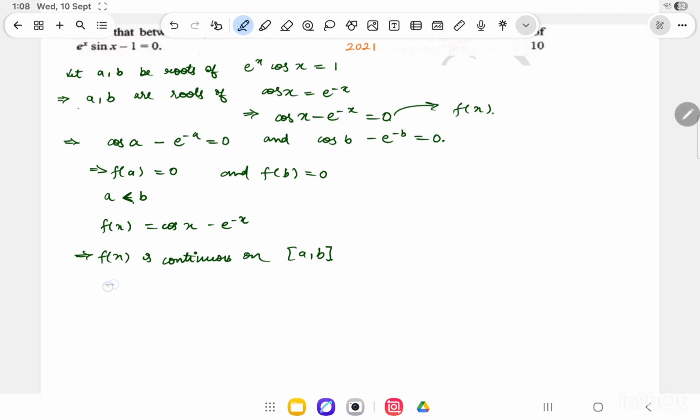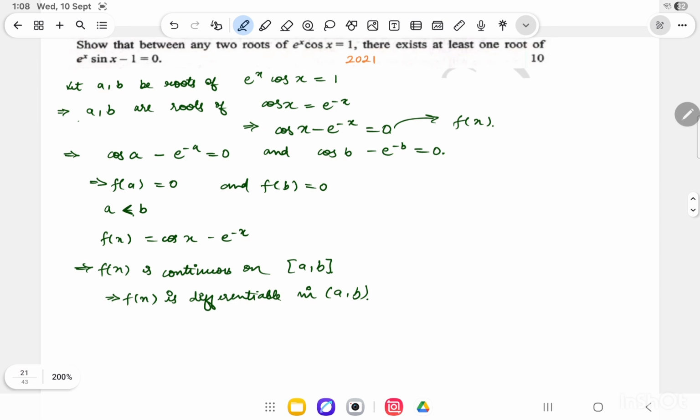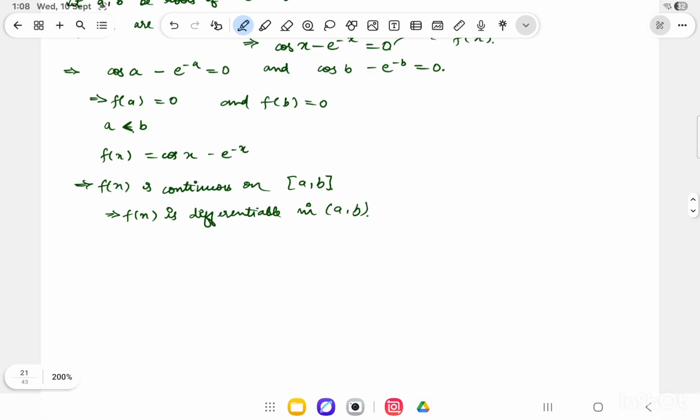Also you can observe that f(x) is differentiable in (a, b). Usually the questions state that the function is continuous and differentiable only, but for clarification you can check for yourself on a rough page, looking for any problematic point. So f(x) is differentiable in (a, b).